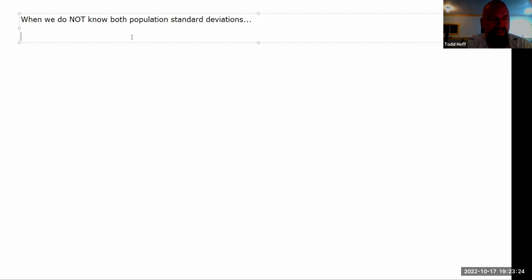So that means we will use the t-distribution and we use S1 and S2, the sample standard deviations, in place of the population standard deviations.